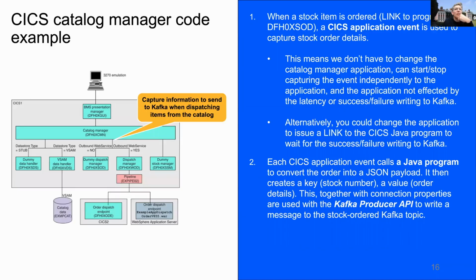So I've got a code example now. This is based on the CICS catalog manager, and the scenario I set up was that if you wanted to order an item out of the catalog, a particular CICS program would be called.